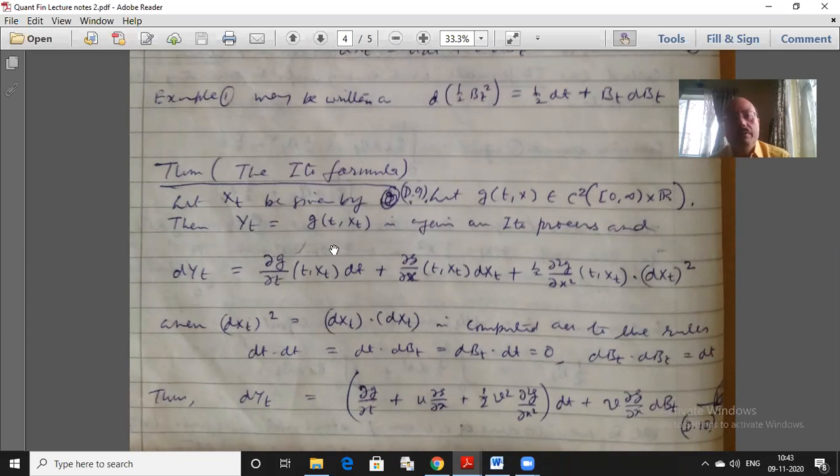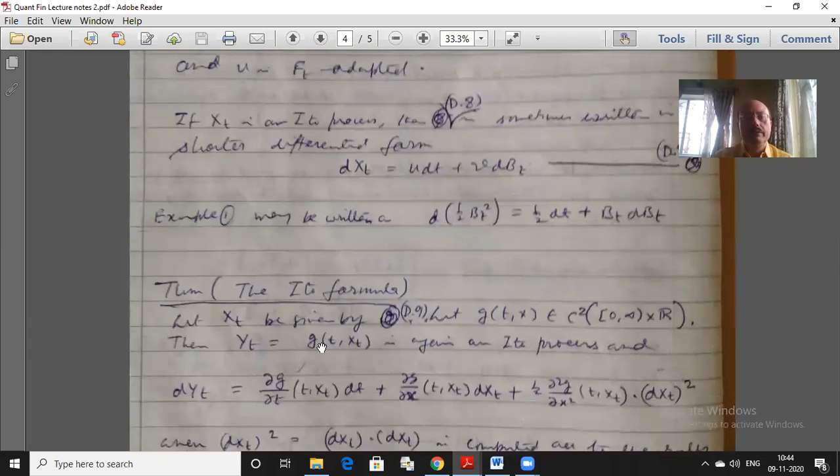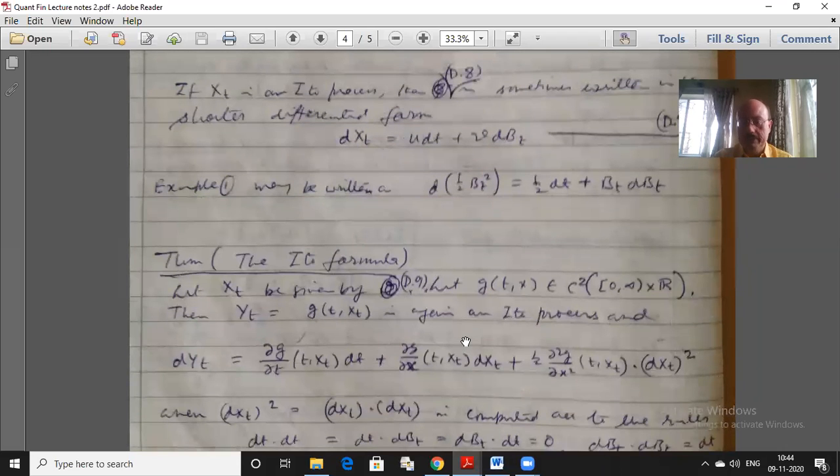So I call Yt the resultant process, g of t, Xt. So Xt is the original Ito process and Y is a transformation of X. Y is g of t, Xt, and the theorem says that if Xt is an Ito process of this form, then Yt will also be an Ito process.